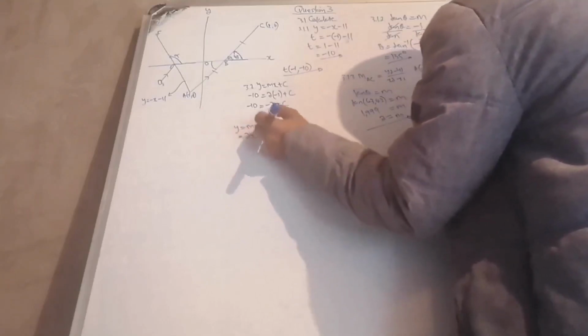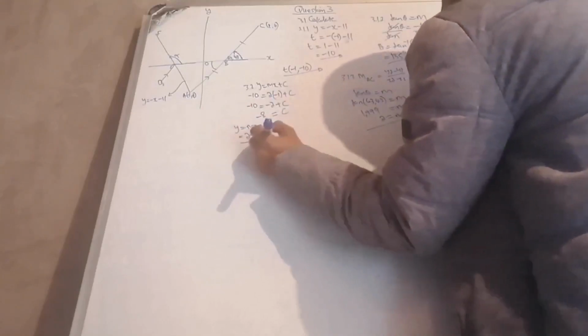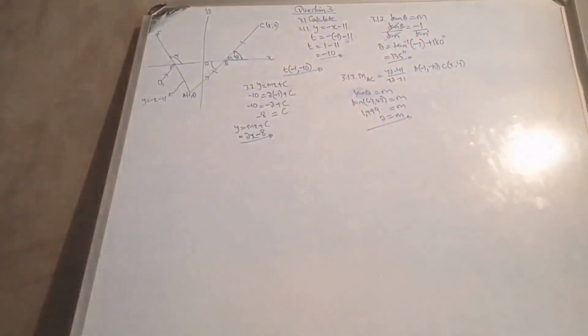Leave x and write the value of c. And you are done. That becomes the equation of the line AC that makes an angle of 63.43 with the positive x-axis. When we are done with this, don't think that you have mastered analytical geometry. No, a lot is yet to be unpacked.